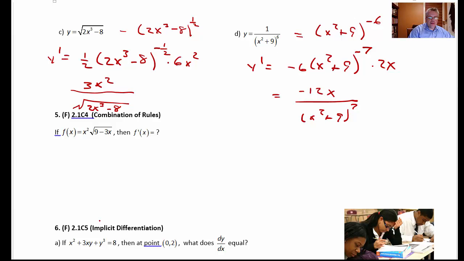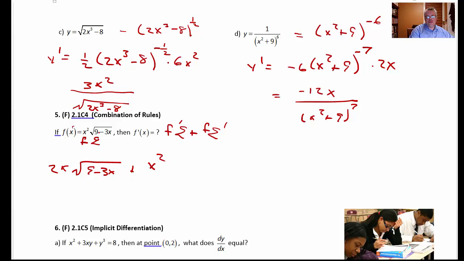The next one is a combination of rules. When I look at this, I see right away that this is actually a product of things. X squared, which is nice, times kind of an ugly square root term. But we just got to follow the product rule. So we have f prime g plus f g prime. So f prime would be 2x times g, which is the square root of 9 minus 3x, plus f.